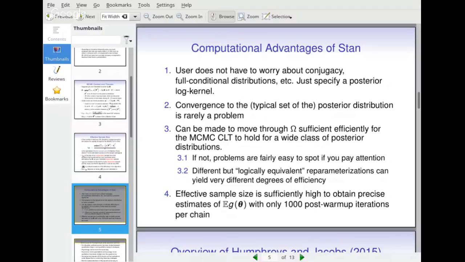Maybe we have an effective sample size of like 600 per chain, and so like 24,000 altogether if we do 8 chains. So just imagine, what if I had 24,000 independent draws from this posterior distribution? Would I be able to estimate my thing accurately enough with 24,000 independent draws? If so, then we're good to go with what Stan gives us.